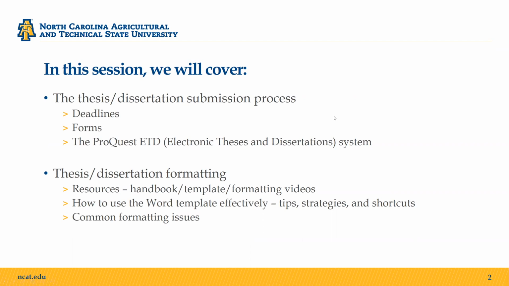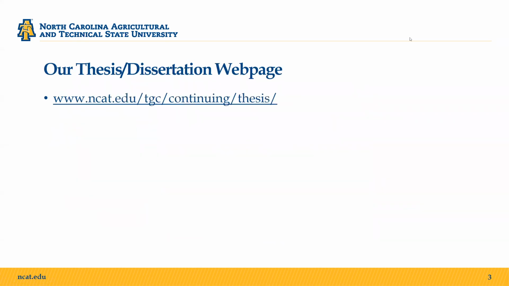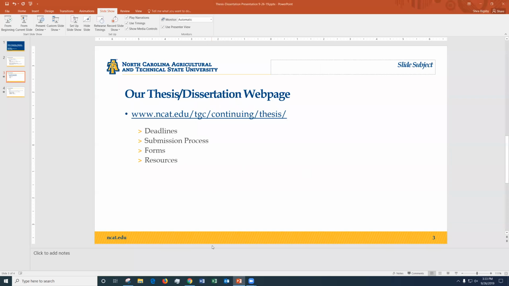All right, so as many of you already know, but some may not, the key resource that I'm going to come back to time and time again, and indeed everything I talk about in this session can be found there, is our main thesis dissertation website. This is the exact URL, and you'll see I'm going to jump back and forth between the presentation and some other things.